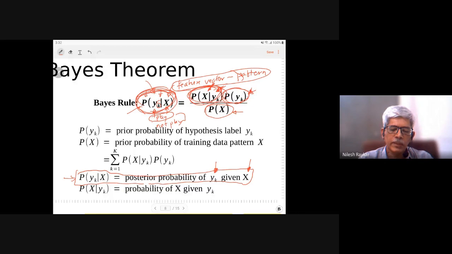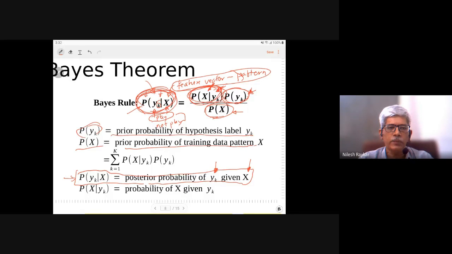So P(yk), as I already explained, is the prior probability of label yk: the probability of playing tennis, irrespective of whatever the condition of the day is. P(x) is the denominator, the prior probability of training data patterns.